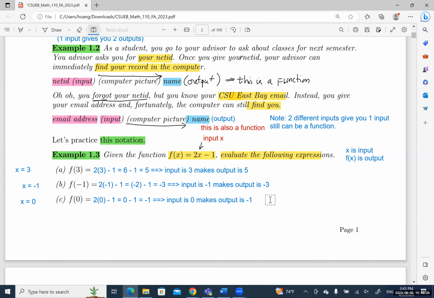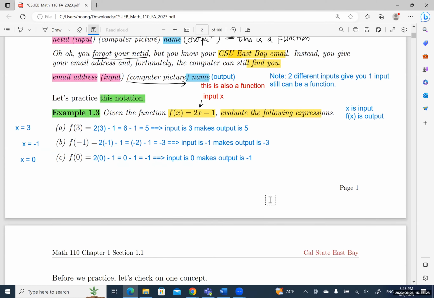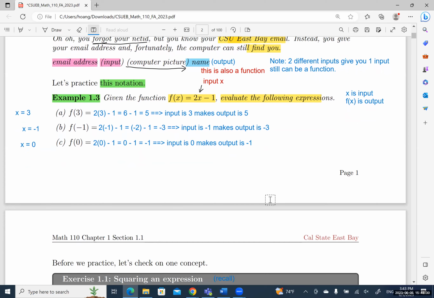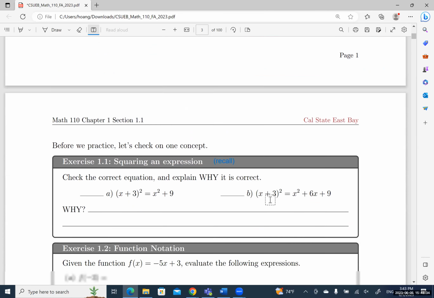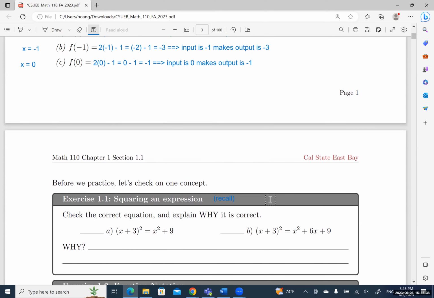So now we move down to have some practice. But before doing the practice, I would like to give you a recall about squaring an expression.